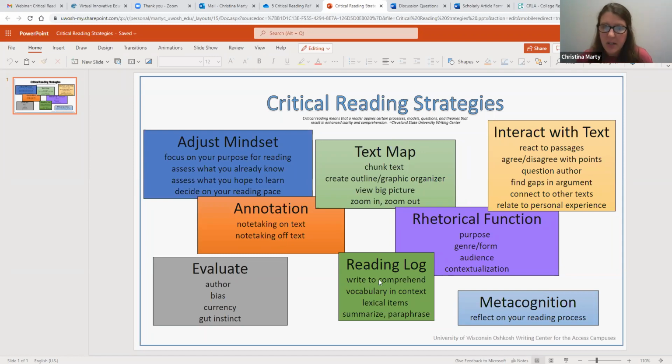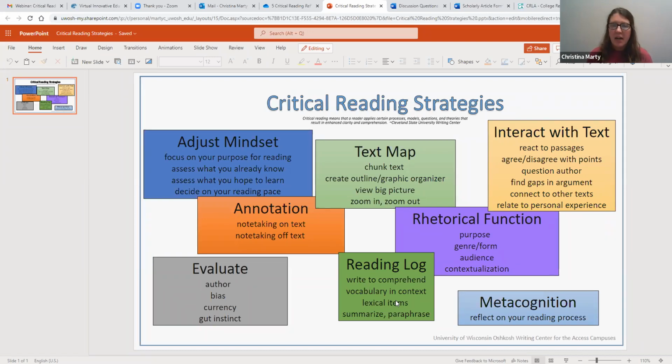Next, we go to the reading log, which again, these 3 middle ones sort of overlap. Reading log is where they might summarize or paraphrase a paragraph in order to make sure they understand the meaning. And it's very similar to annotation, although I see reading log as a meaning thing. The students understanding what is in the text.